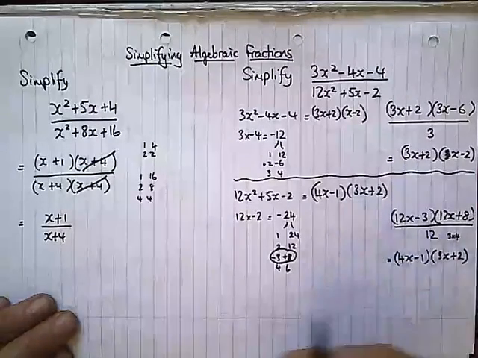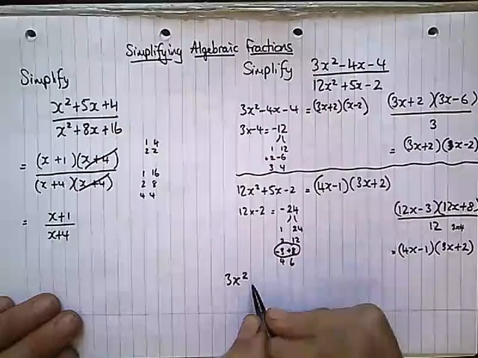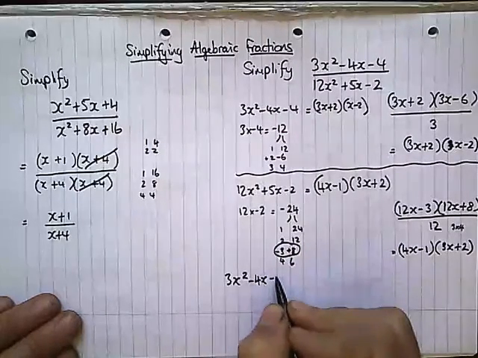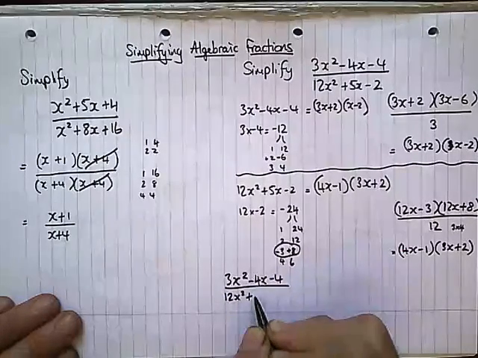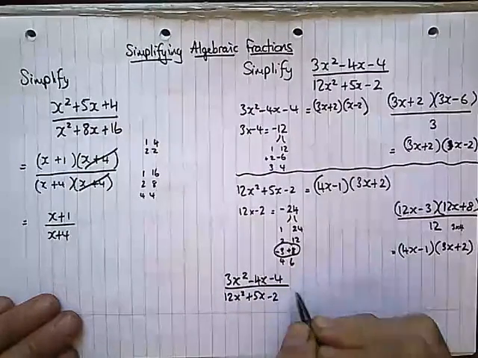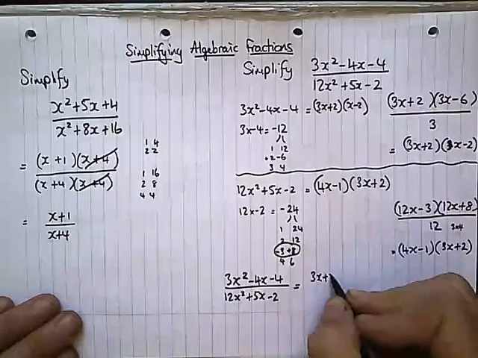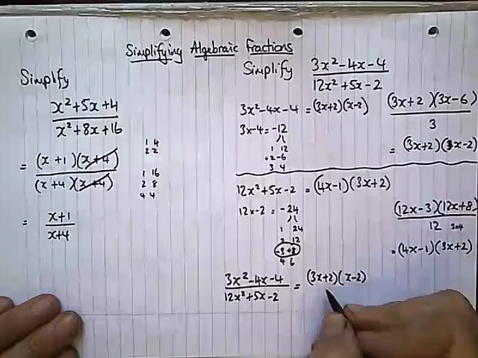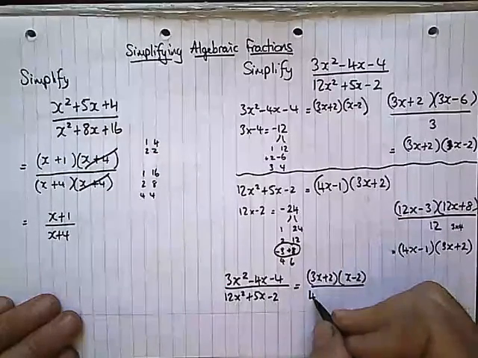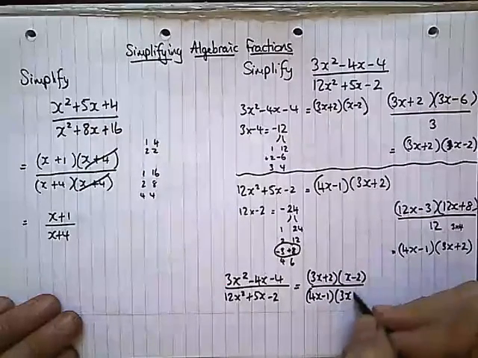Okay, so we've got 3x squared minus 4x minus 4 divided by 12x squared plus 5x minus 2 equals 3x plus 2, x minus 2 divided by 4x minus 1, 3x plus 2.